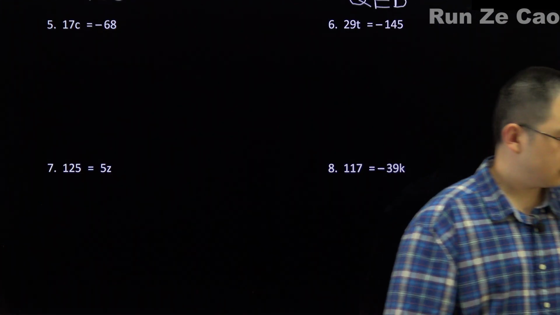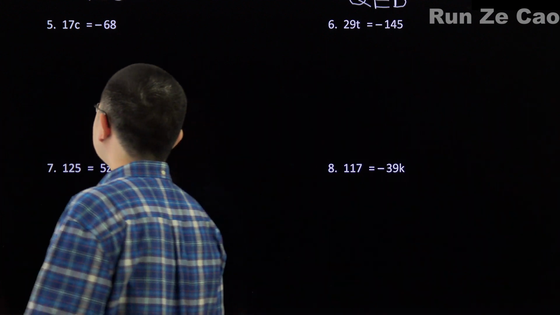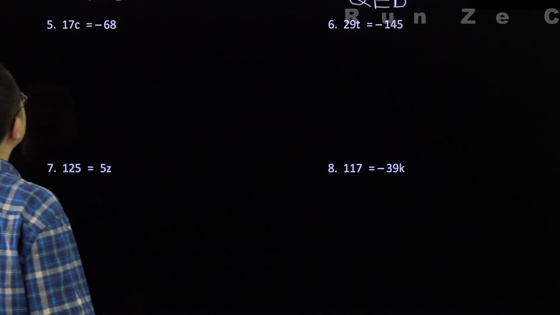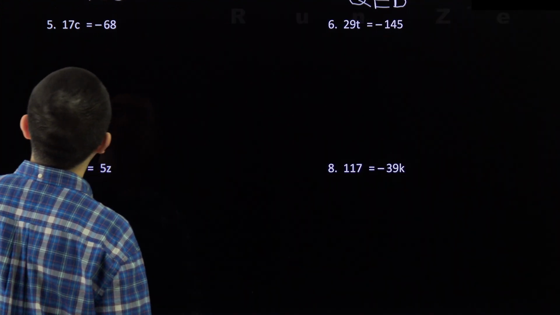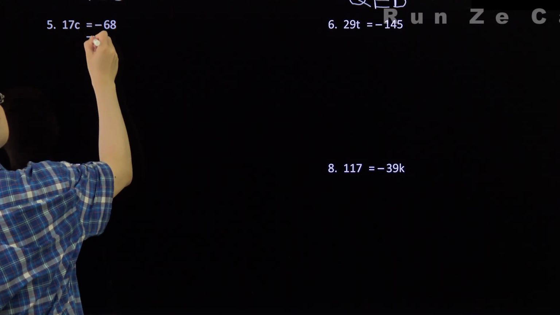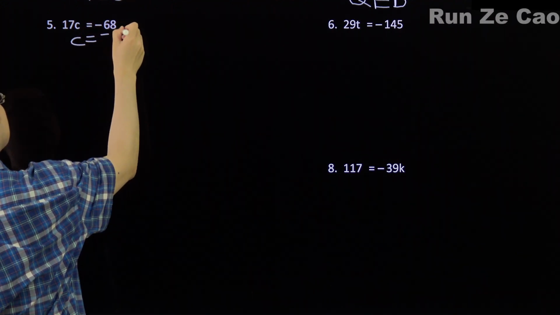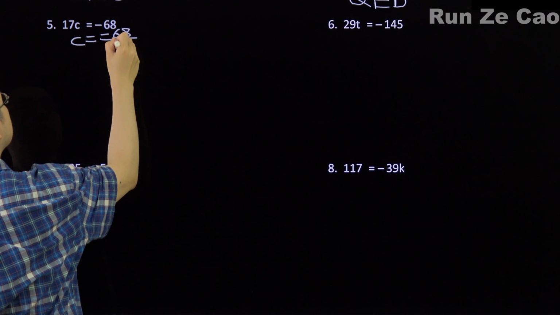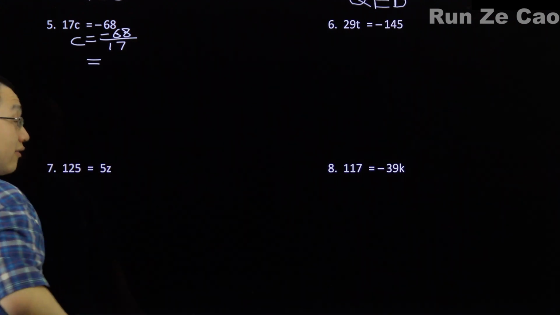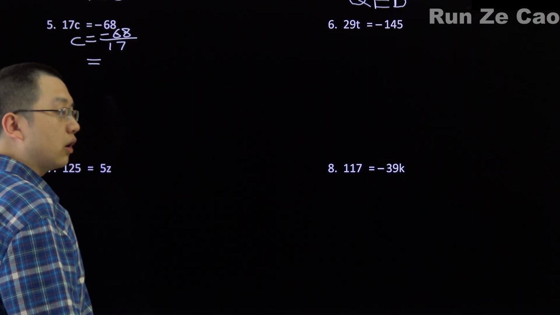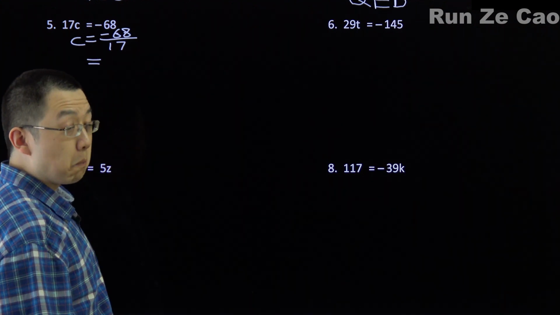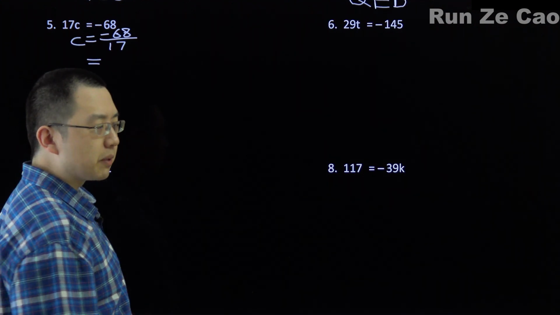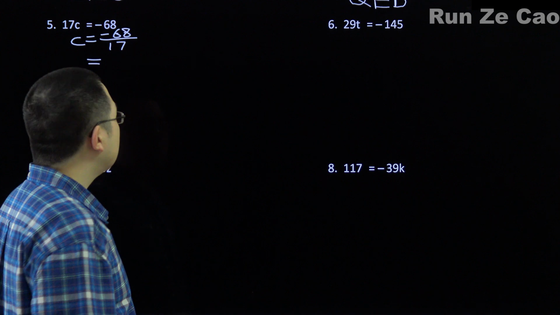Okay, so a few more examples here. 17c equals negative 68. C is equal to negative 68 over 17. Now 17 times 2 is 34. 34, 68. They look like they're related because 68 is twice 34.